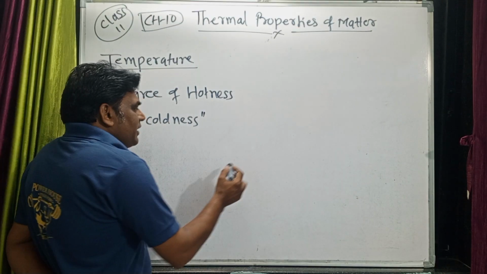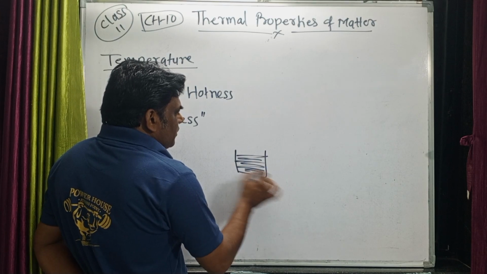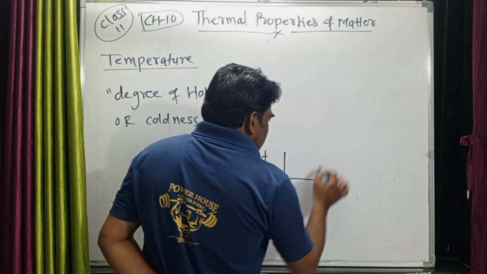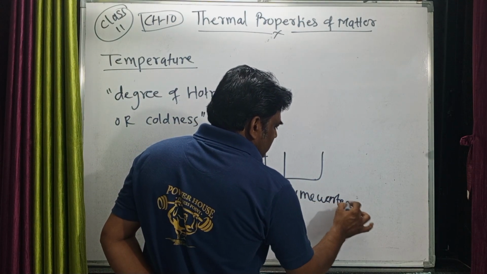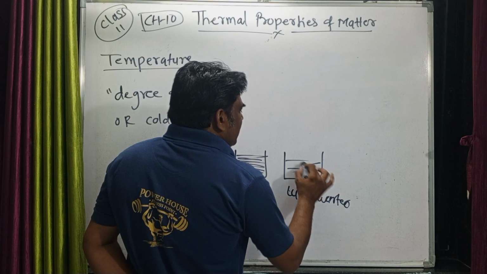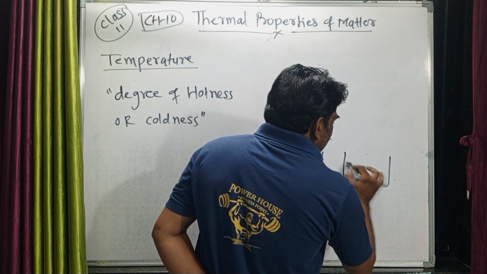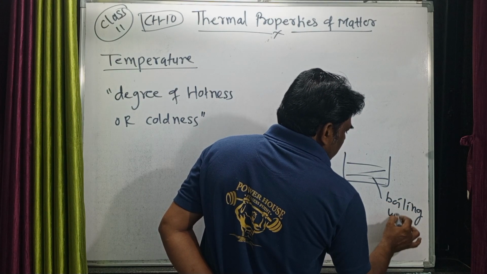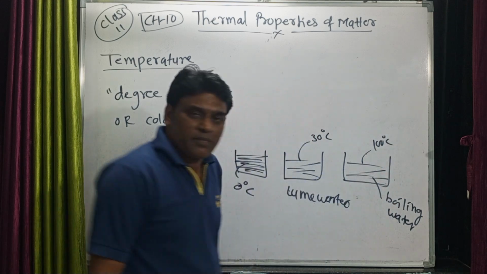Suppose this is 0 degree water, this is lukewarm water at 30 degrees centigrade, and here let us say boiling water at 100 degrees centigrade.